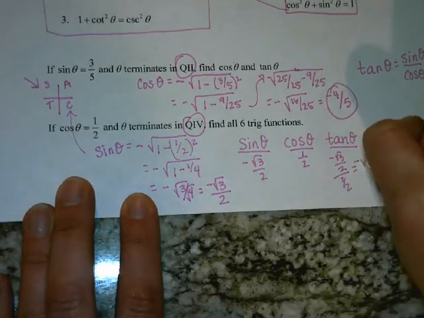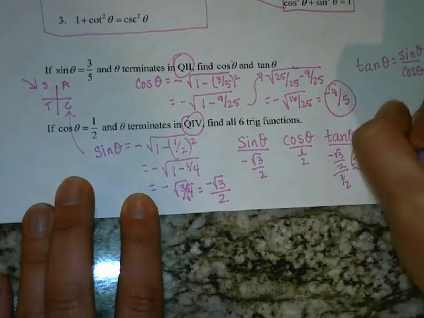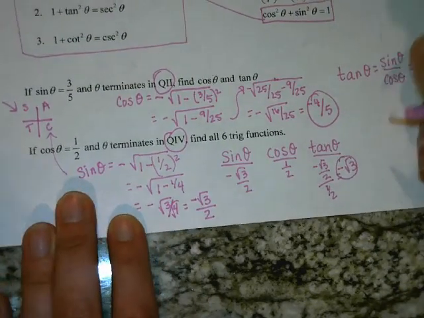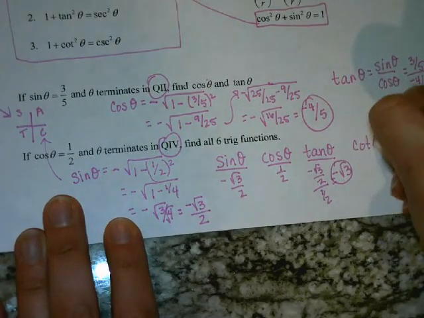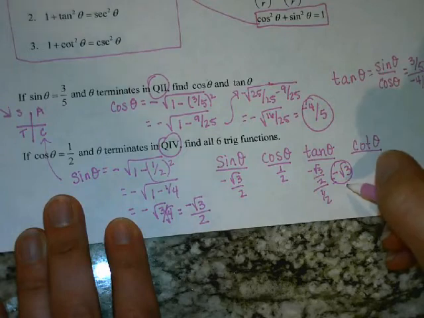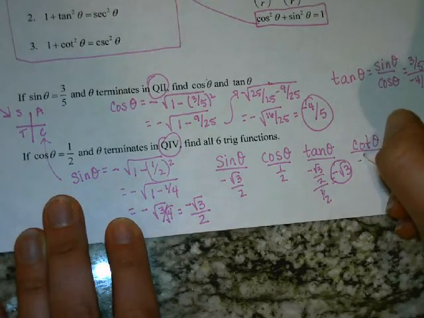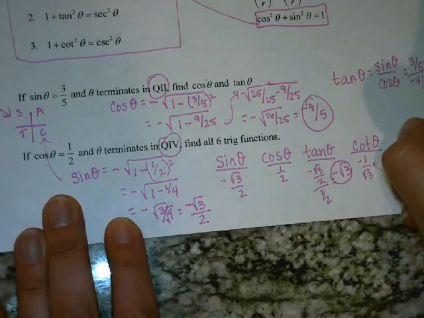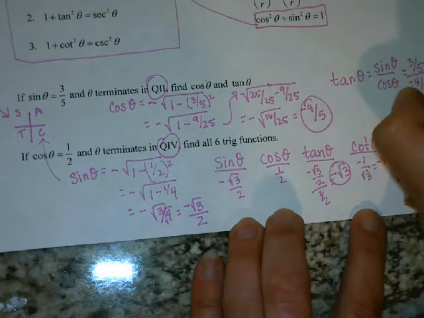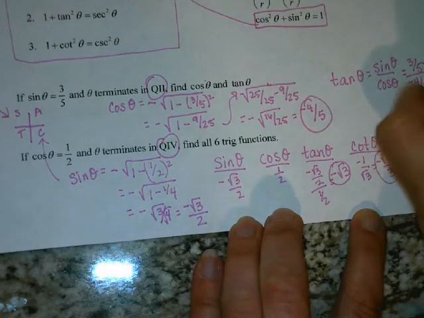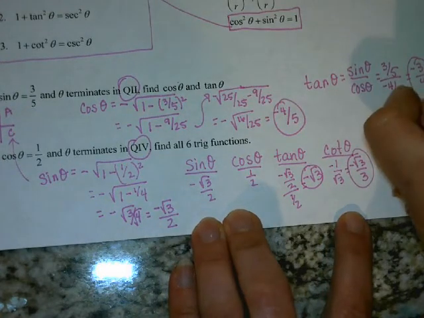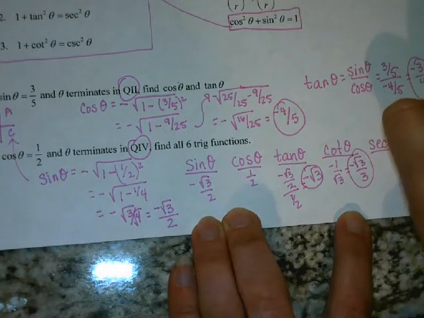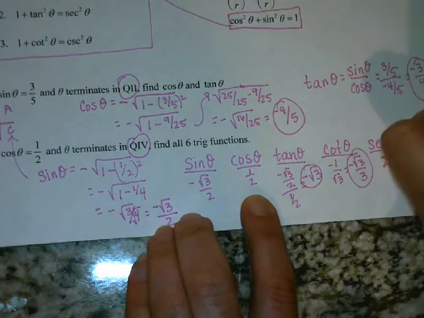So I get negative root 3. All right, now let's flip them. Cotangent. Let's flip that guy over. Negative 1 over root 3 and rationalize. Negative root 3 over 3. Secant. Flip 1/2 over. I get 2.